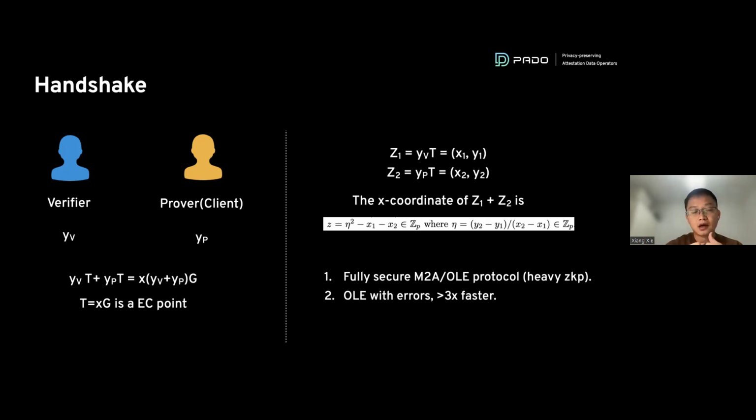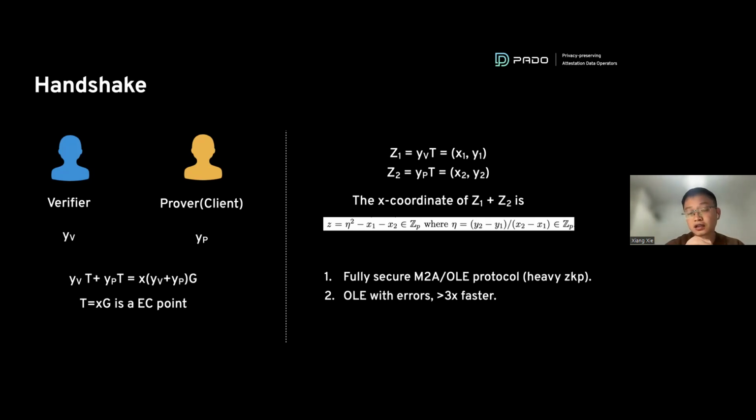M2A means a multiplicative-to-additive protocol, which means each party has an input and an output, and after the protocol, the sum of the outputs equals the product of the inputs, which transfers a multiplicative share into an additive share. This is all we need in this two-PC protocol. It's also often called the OLE protocol. These two things are the same.